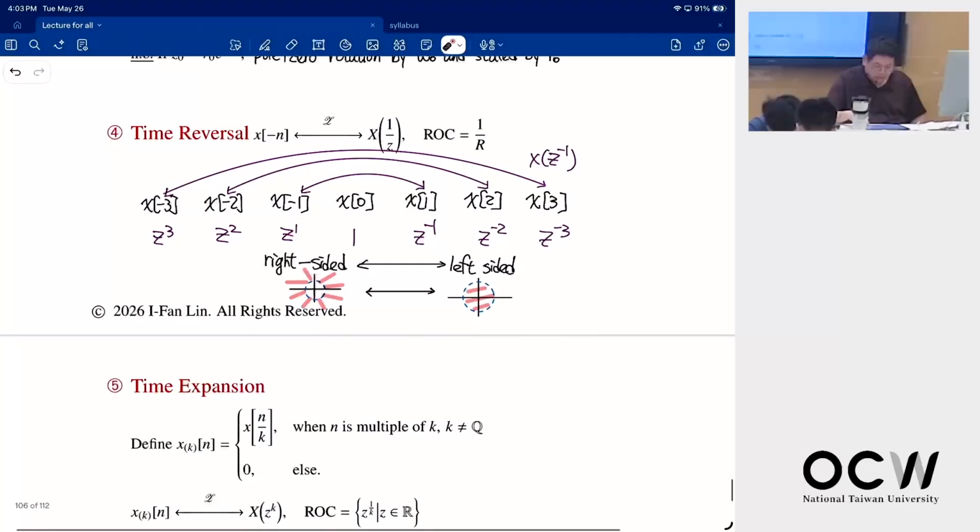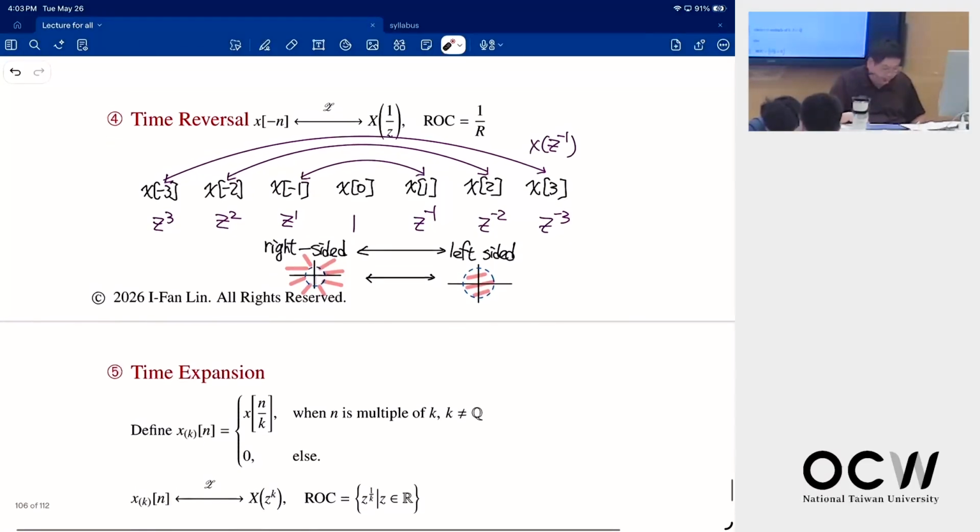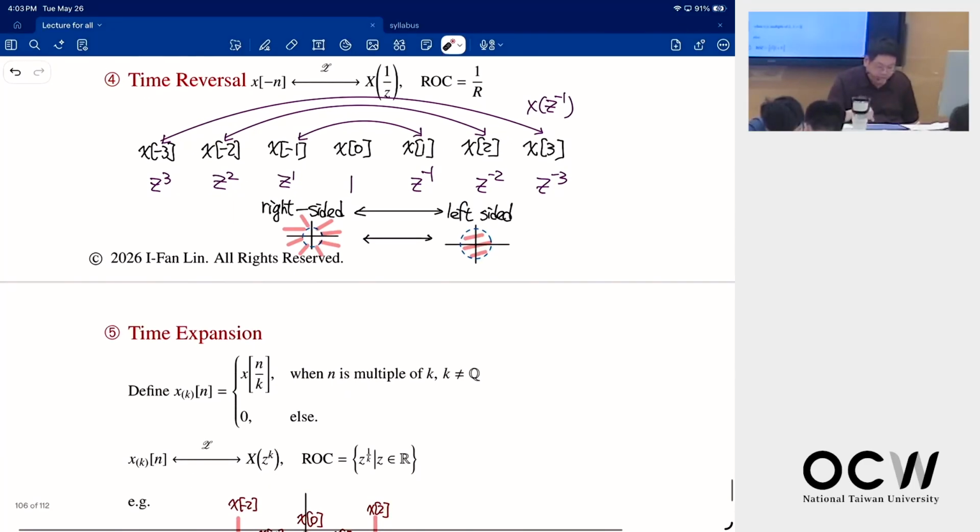Time expansion. Here, time expansion is different from the Laplace transform. If we define x of n over k, this k is in the denominator, so it could be expanded or compressed.